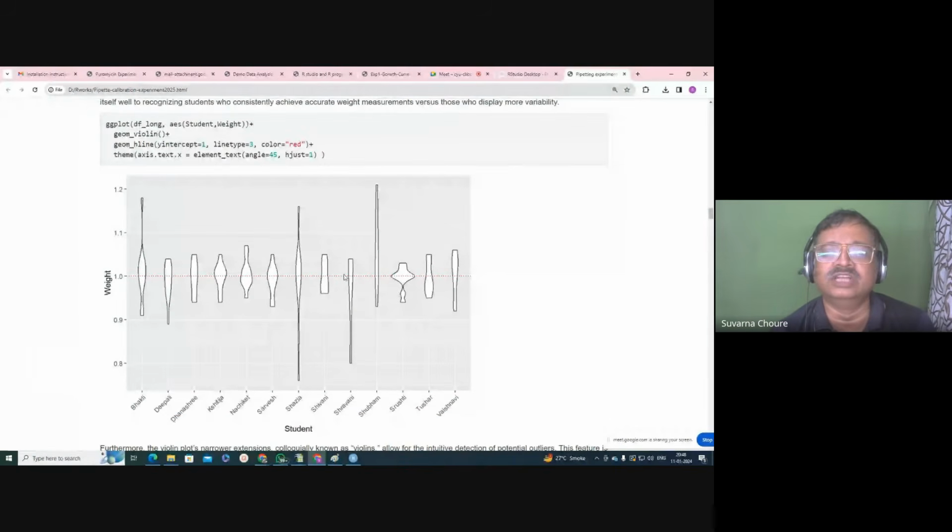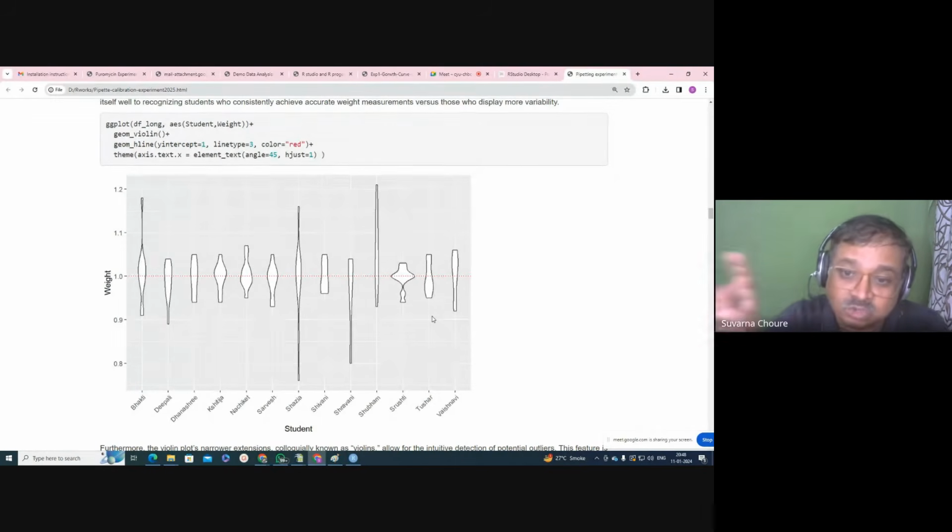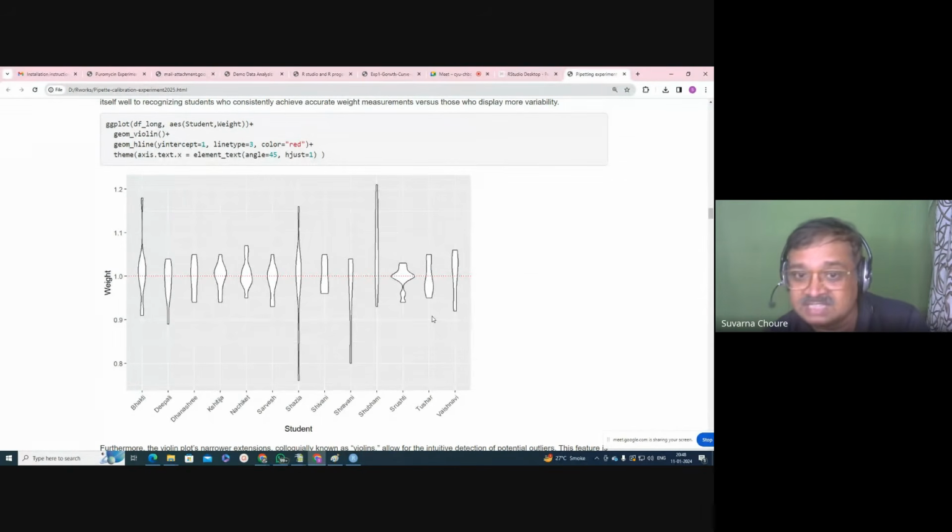This is the local distribution. Srushti, good accuracy. Shivani, good accuracy. Nachiket, good accuracy. And if I plot this accuracy along with their scores in the theory exam, they actually correlate. Srushti has quite good marks. Nachiket has quite good marks. Shivani has good marks.